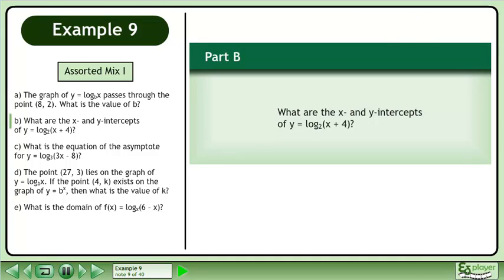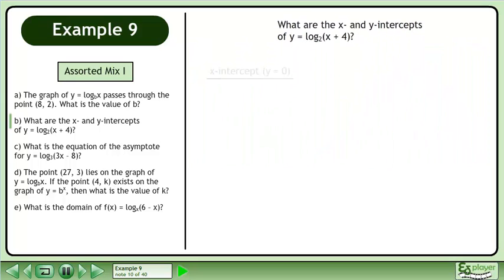In part B, what are the x and y intercepts of y equals the base 2 logarithm of x plus 4? We'll begin by finding the x-intercept, which occurs when y equals 0. Plug in 0 for y.